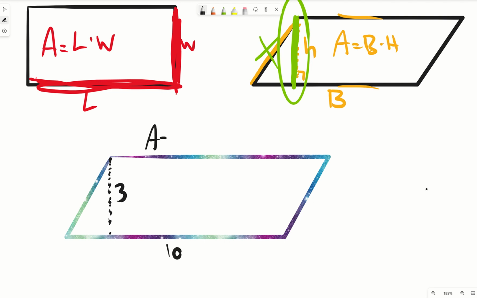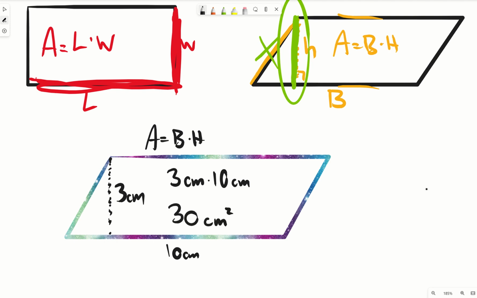Well, area equals base times height. We'll call this centimeters. We've got 3 centimeters times 10 centimeters. 3 times 10 is 30. Centimeters times centimeters is centimeters squared. Again, just times our two numbers together.